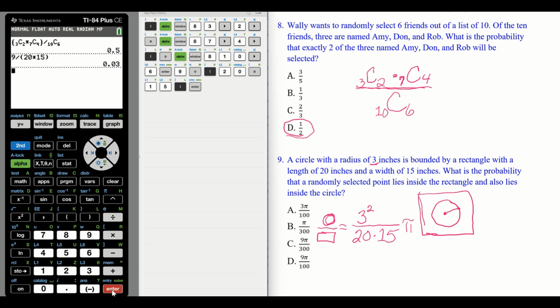Okay, enter, and math, enter, enter. Oh, okay, so what do we have? We have 3 over 100 times pi. I see a candidate. That would be A.